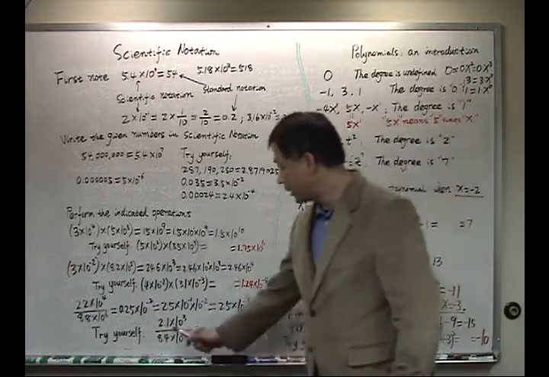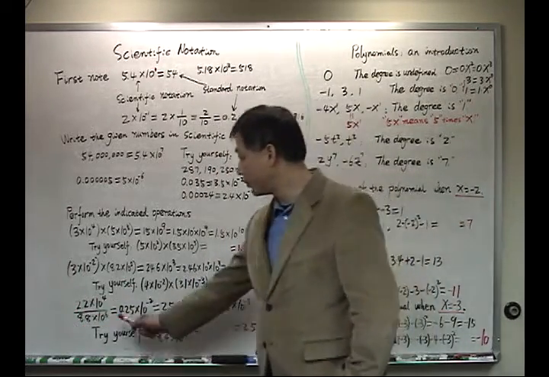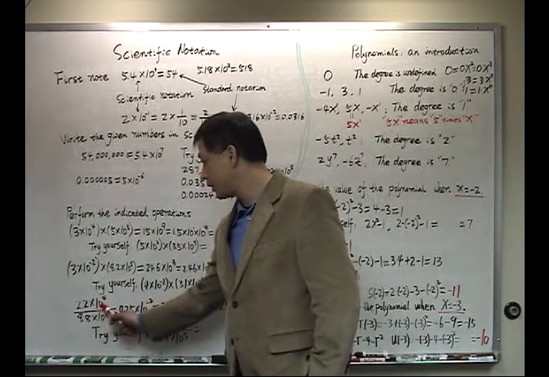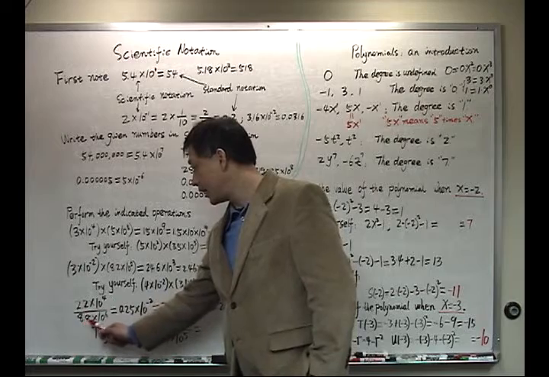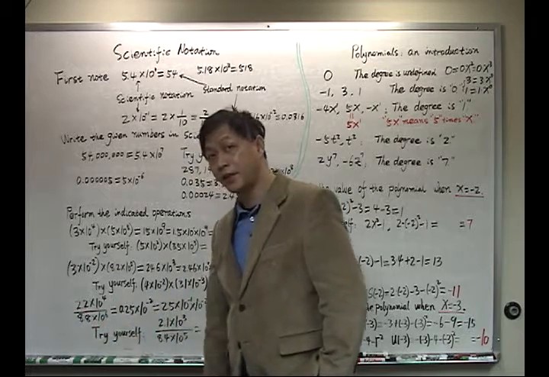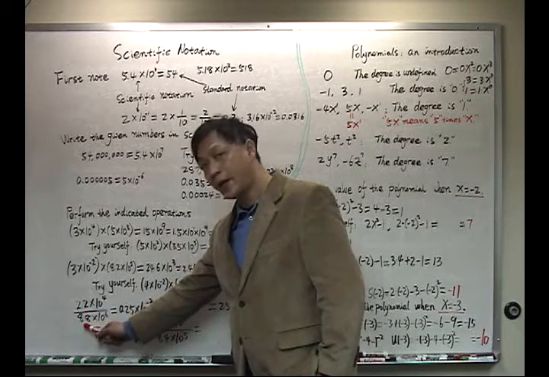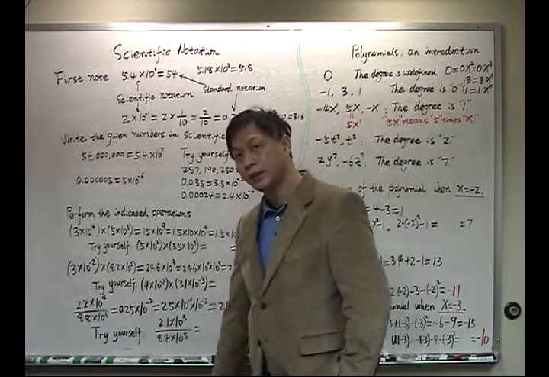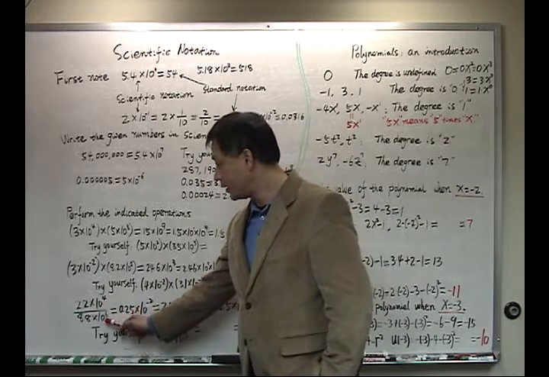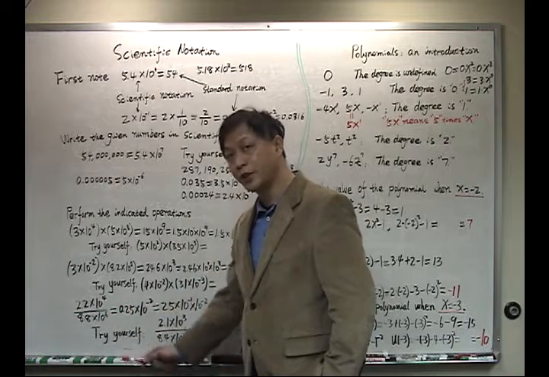Alright, let's look at the division. The division is 2.2 times 10 to the 4th divided by 8.8 times 10 to the 6th. 2.2 divided by 8.8 gives us 0.25. And since here it is division, you do the subtraction for the exponent.